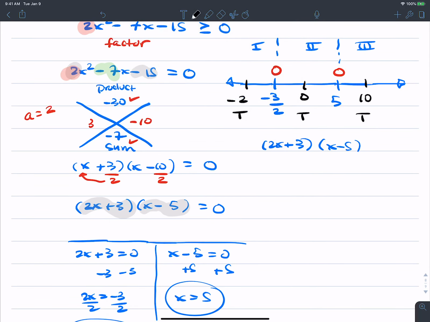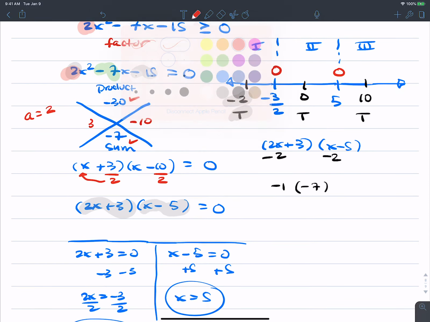Okay, so the first value we use again as a test point is -2. Plug in -2 here. So we get 2 times -2 is -4. -4 plus 3 is -1. I get -2 minus 5 is -7, and a negative times a negative gives us again a positive. So region 1 here is positive.